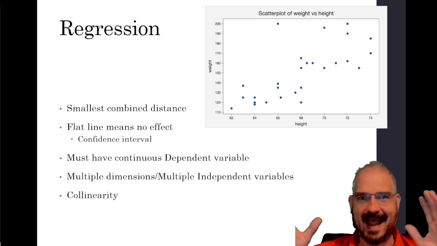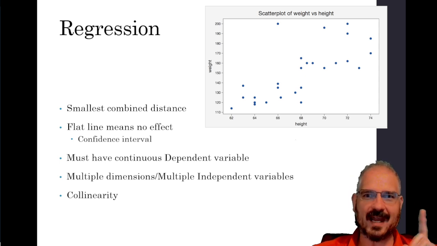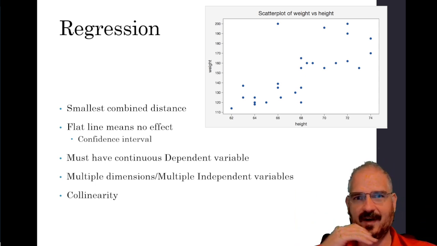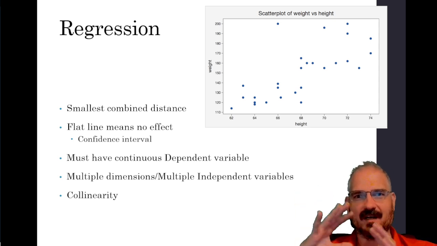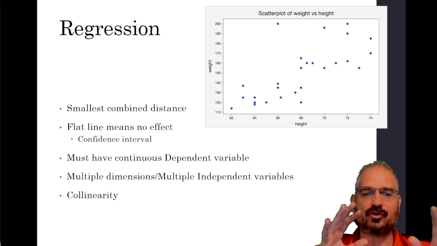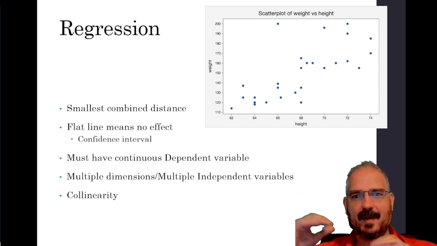And we just have to kind of add a dimension every time we add a variable, right? As long as we still only have that one dependent variable, we can throw in a whole bunch of independent variables and then gauge how each one of those independent variables affects the dependent variable while controlling for all of our other independent variables, right?